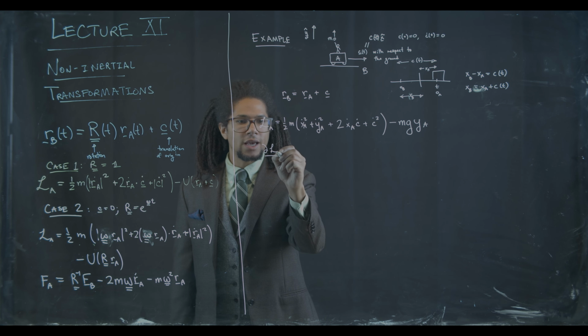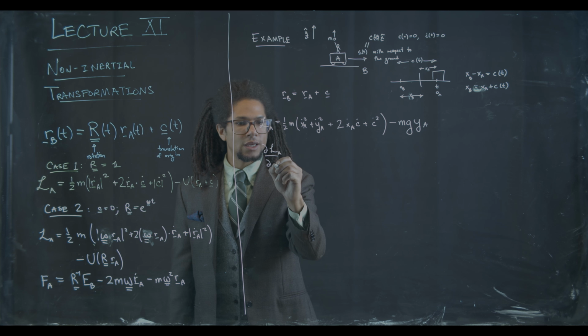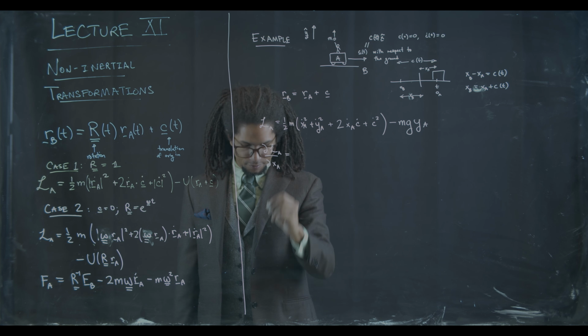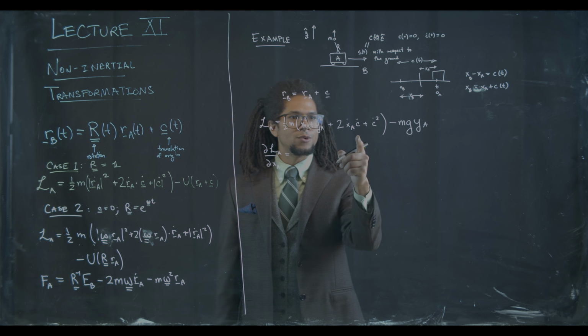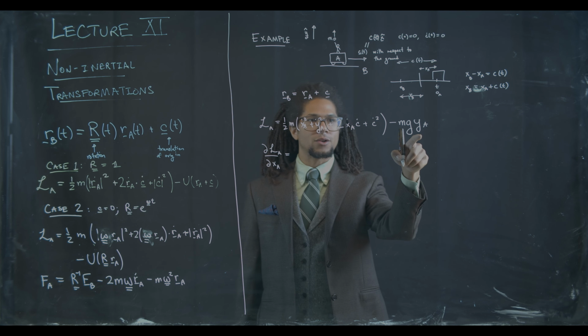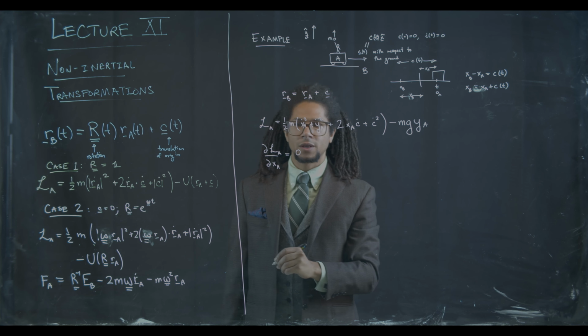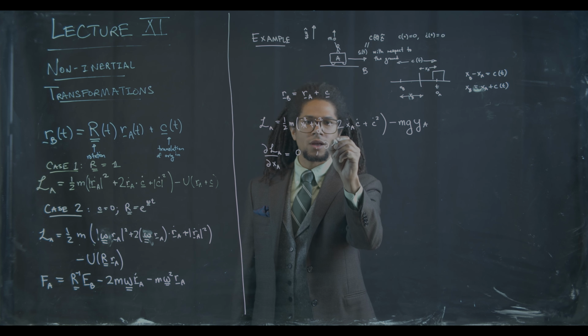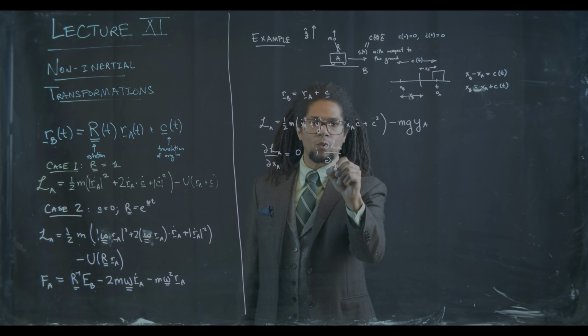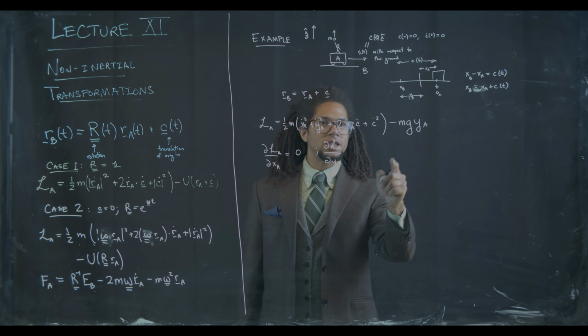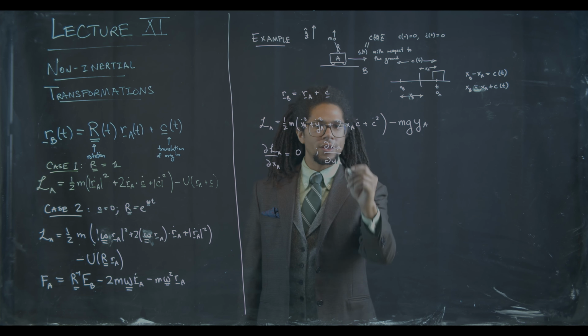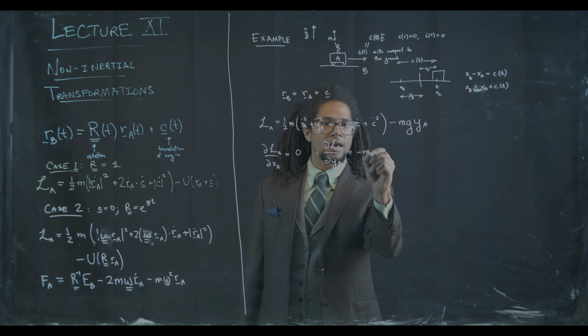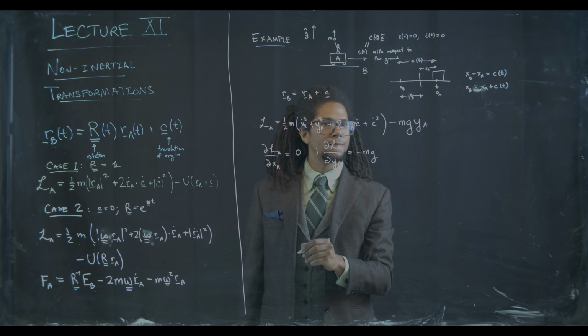So dL A d x A will be equal to, well, x A appears nowhere, sorry. So that's 0. dL A d y A, y A only appears here. Okay, so that's going to be minus m g, nothing to see there.